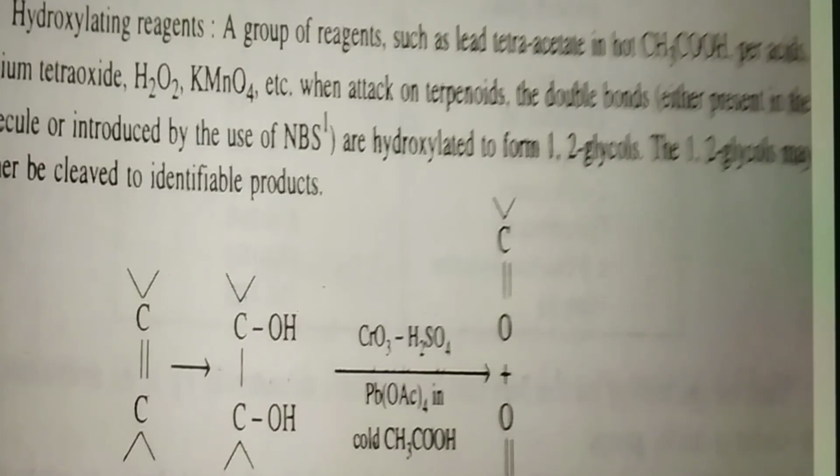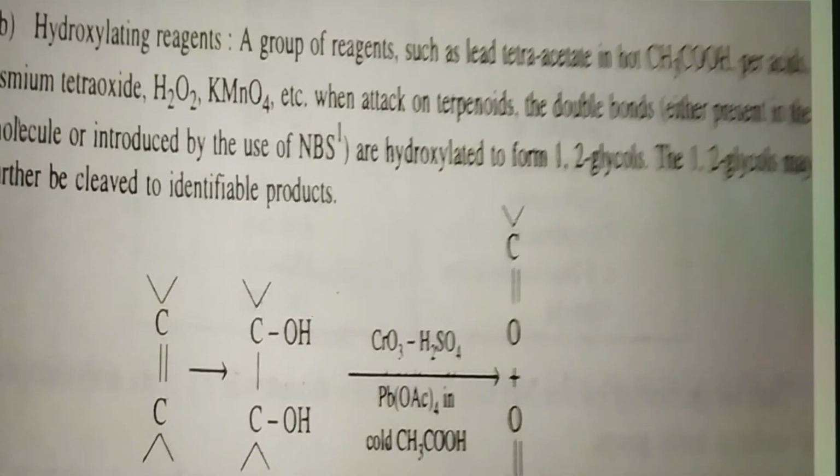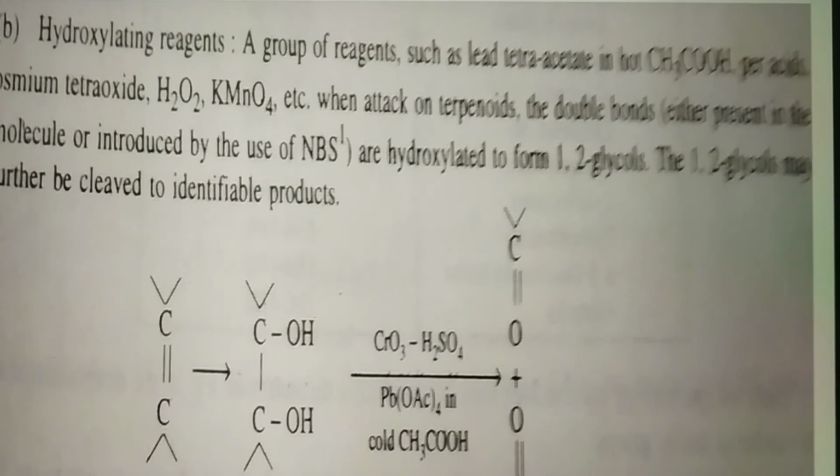The next oxidizing agents which we use more frequently are hydroxylating reagents. A group of reagents such as lead tetraacetate in hot acetic acid, peracetates, osmium tetroxide, hydrogen peroxide and potassium permanganate have been used to attack the terpenoids, and the double bonds either present in the molecule or introduced by the use of NBS are hydroxylated and we get 1,2-glycols.